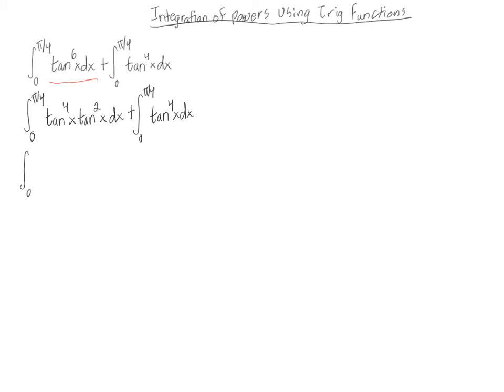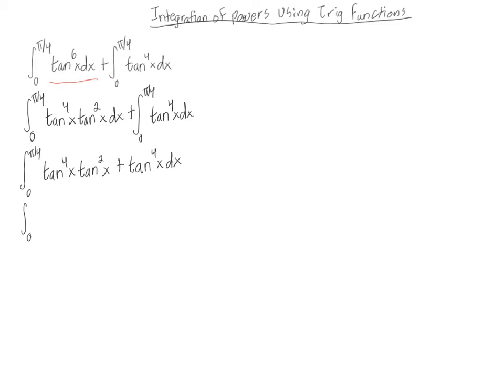The integral from 0 to pi over 4 of tangent 4x times tangent squared x, no longer need to put the dx, plus tangent 4x dx. Now, you already know that tangent 4x is common, so we would just factor that out.